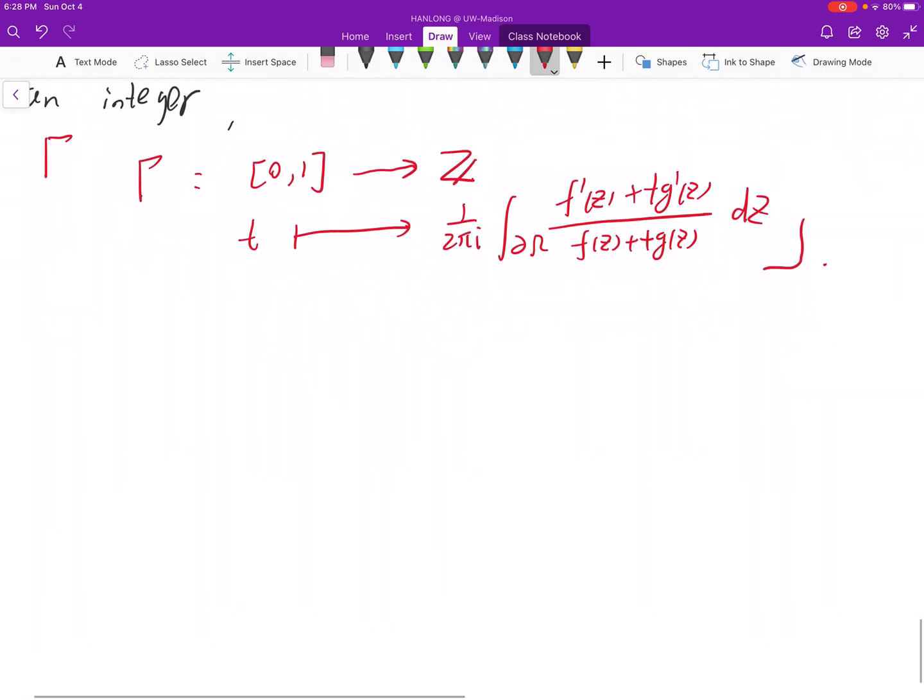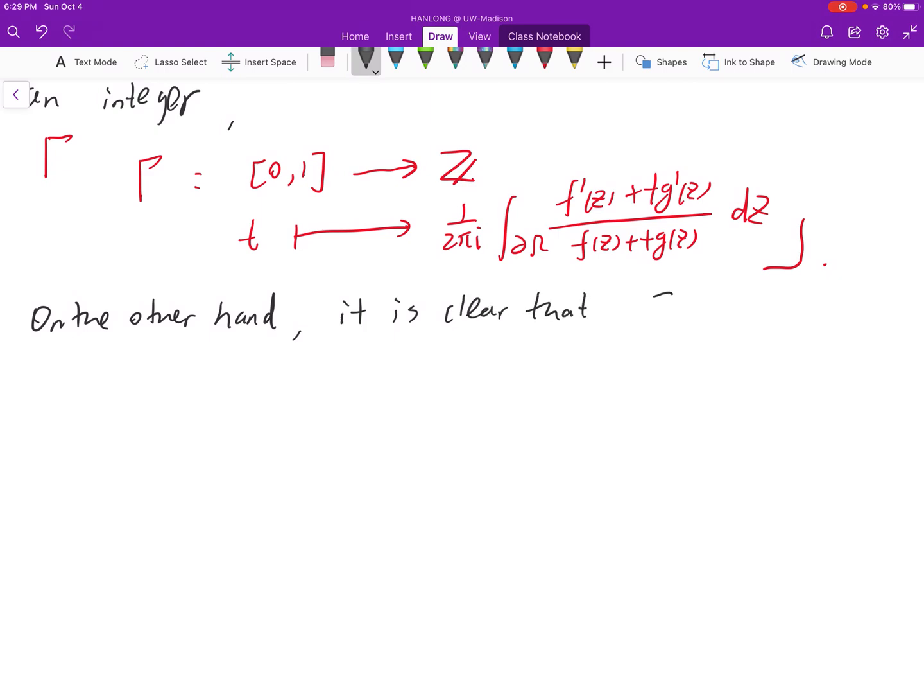Noted that, on the other hand, it is clear that gamma is a continuous function in t, because you look at the integrand.